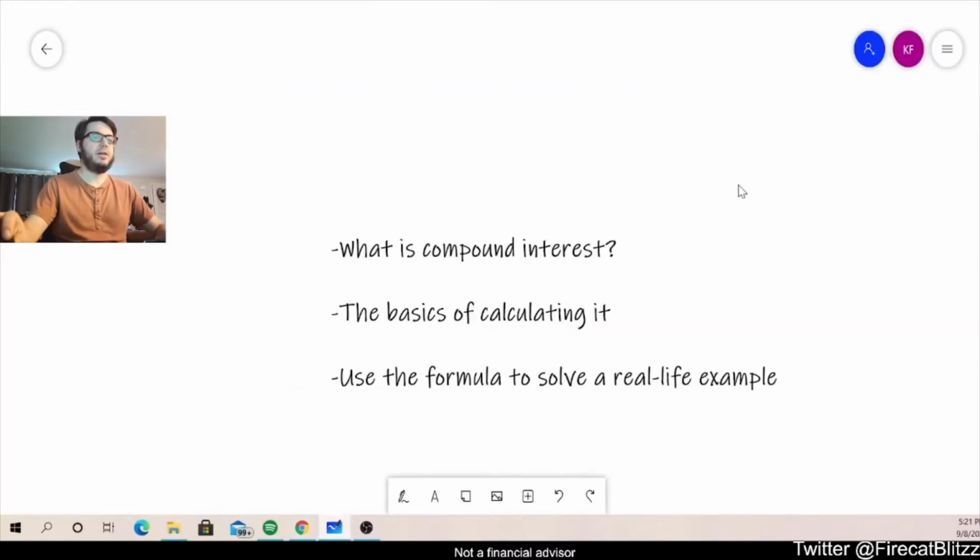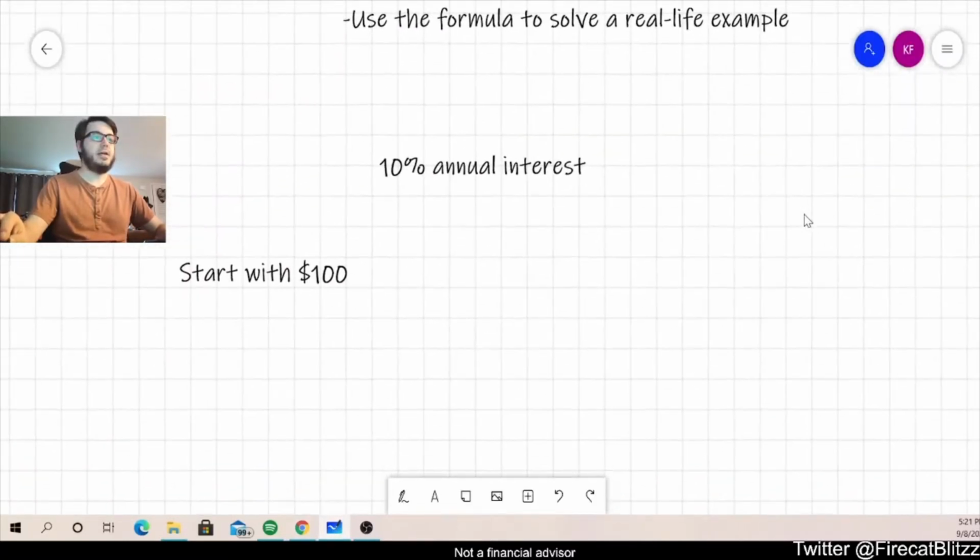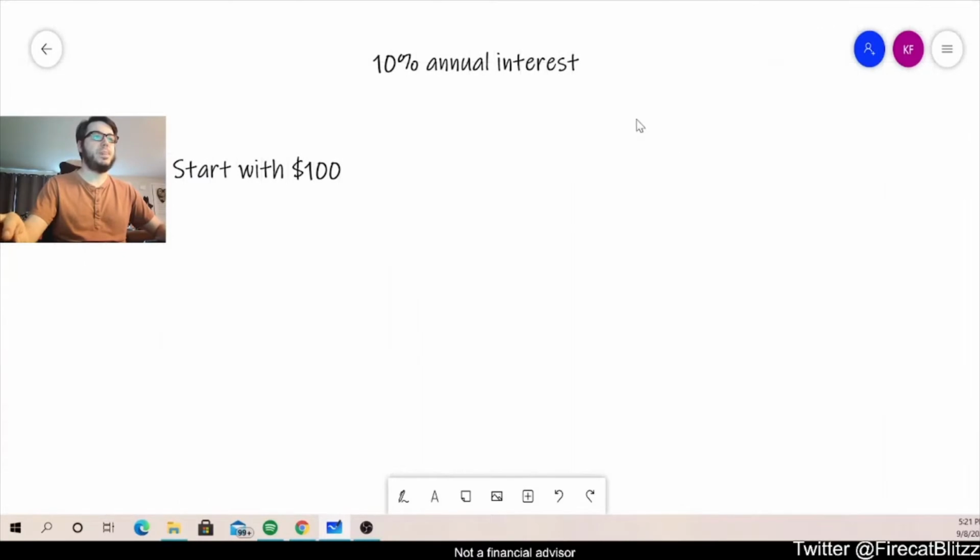So let's go ahead back here, and we're going to start with an actual example of how this works. We're going to start with 10% annual interest, and we're going to start with $100. So the annual interest means it's going to happen once a year. We're going to gain 10% on our original investment, or we can call that our principal. We're going to invest $100.